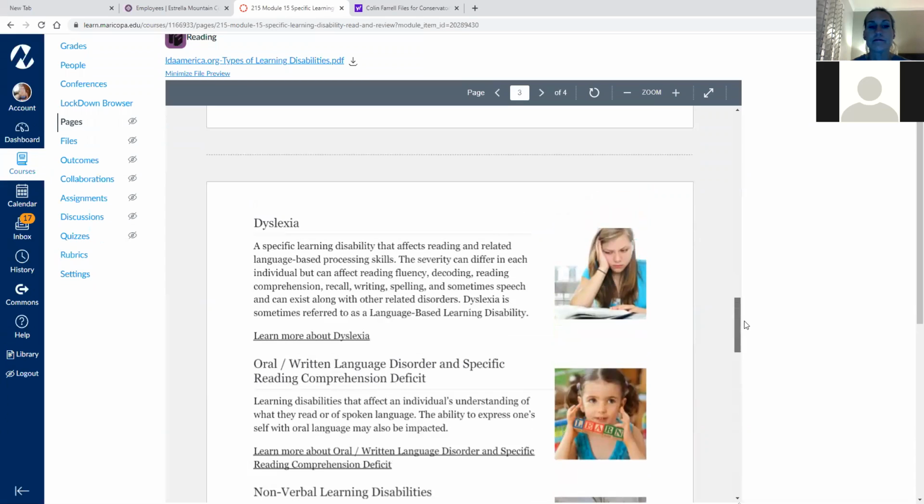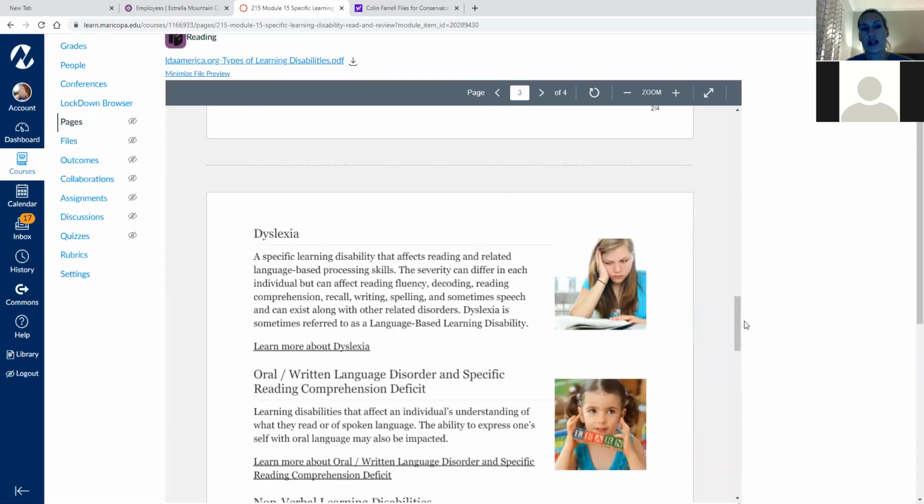Now, written language. On an IEP, you'll see specific learning disability in written language, and then there's usually a goal to address it. Specific learning disability in reading comprehension. Specific learning disability in math calculation and math problem solving. So looking at those areas: written language, math, reading.